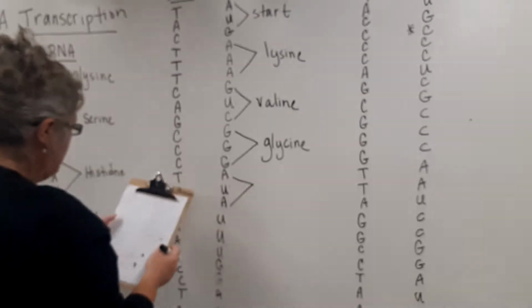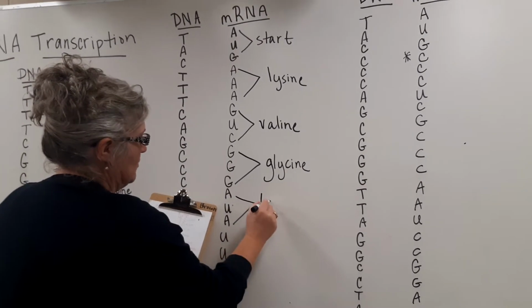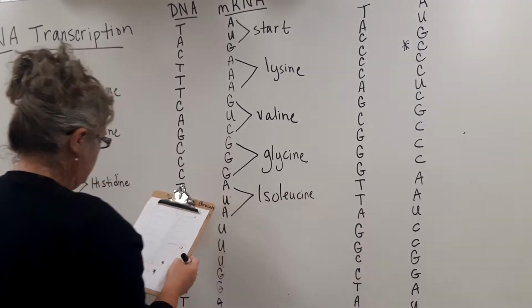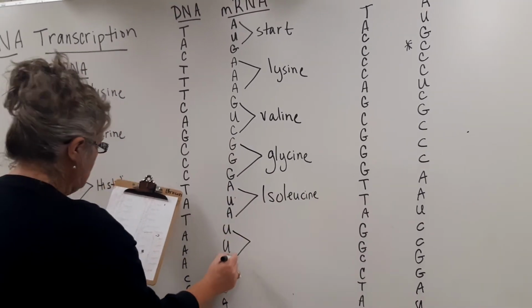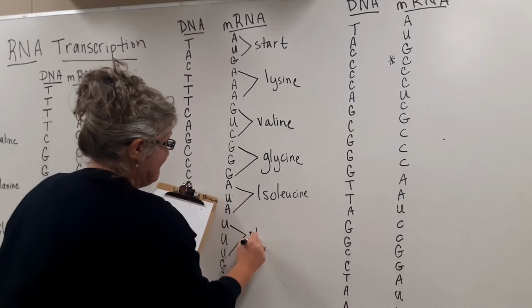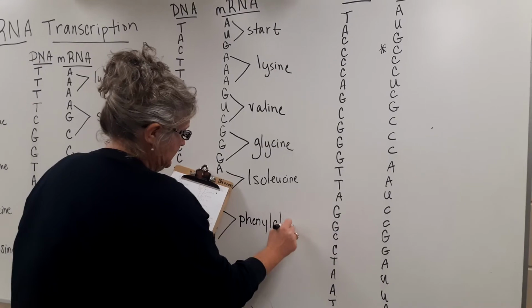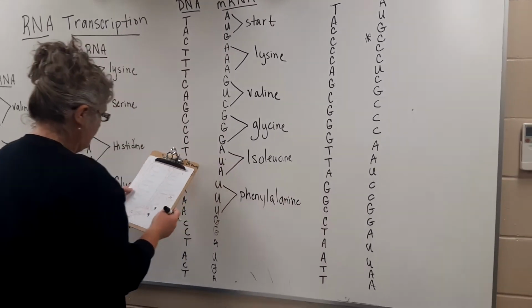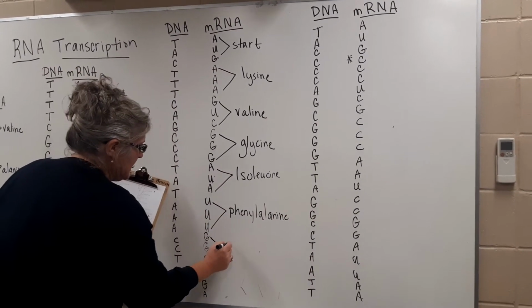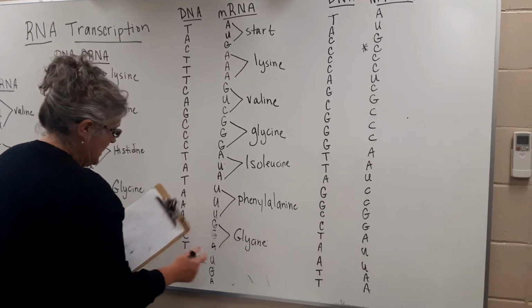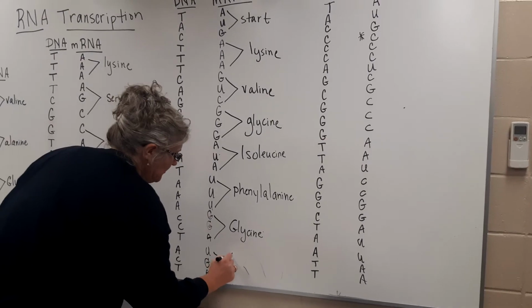GGG, glycine. AUA, there's a long one, isoleucine. UUU, phenylalanine. And I probably spelled that wrong. GGA, glycine. And UGA, stop.